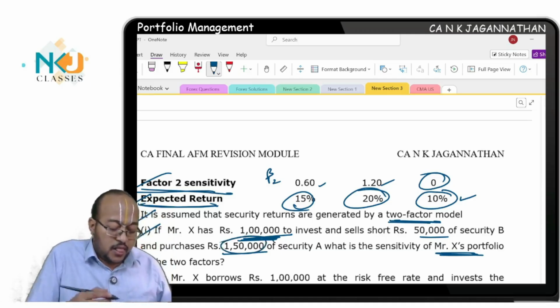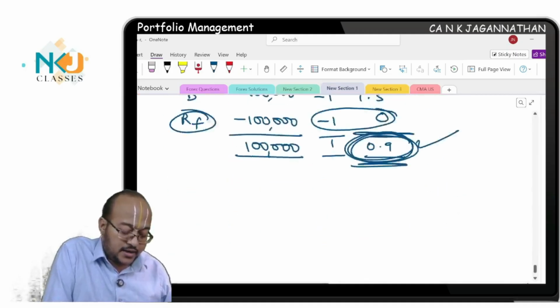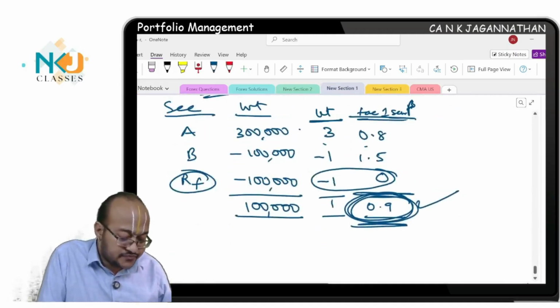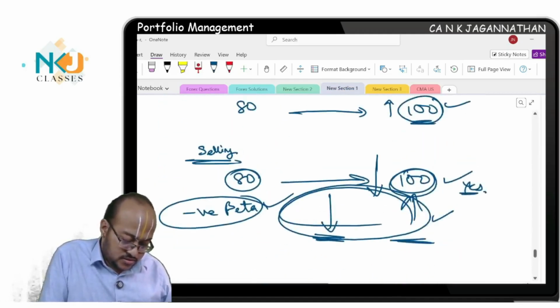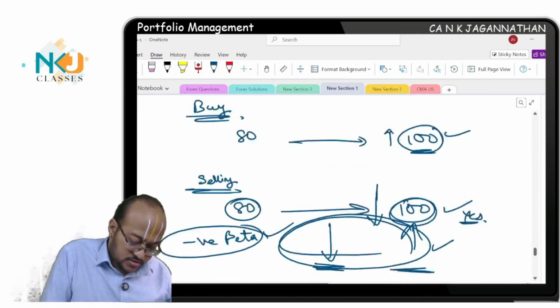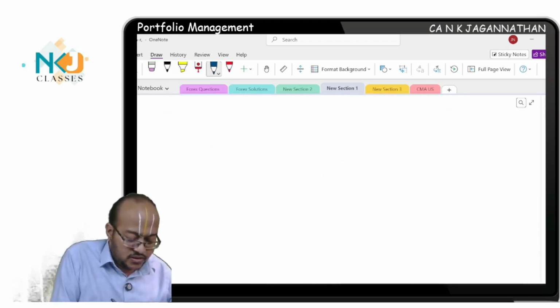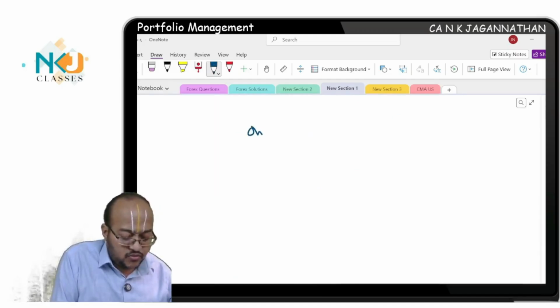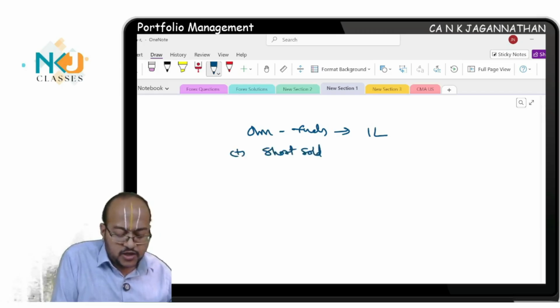Very simple. If you want to find the proportion, he has 1 lakh in hand. See, he has own funds of 1 lakh plus the short sold amount, how much?